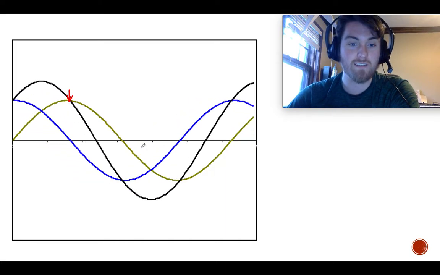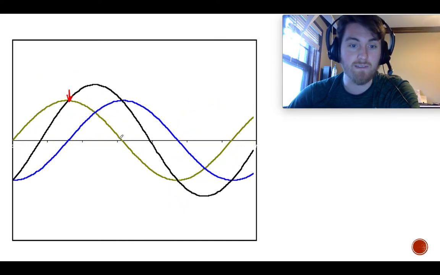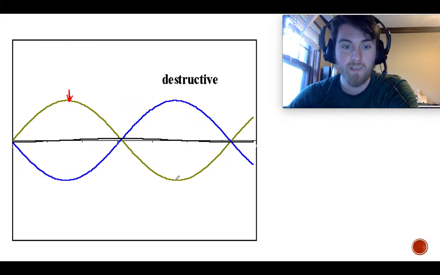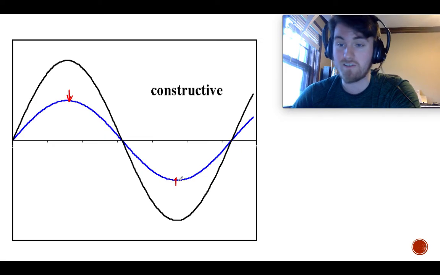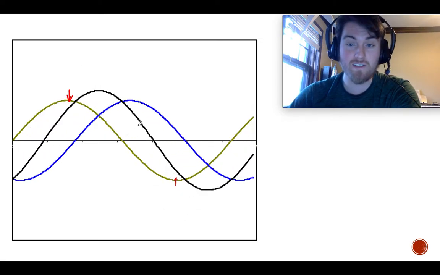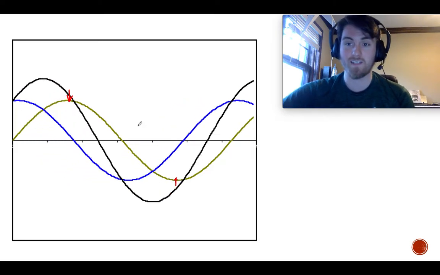And whenever the crest and the trough meet at the same exact spot, which is just our equilibrium, this is going to be destructive interference. So it depends on phase, and phase just means what part of the wave hits at each specific time.